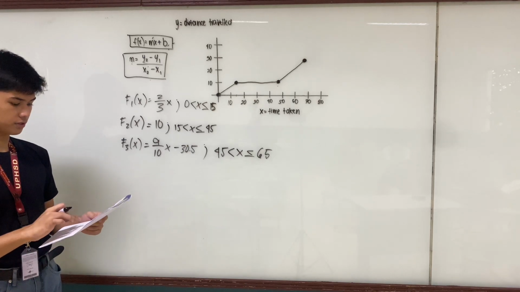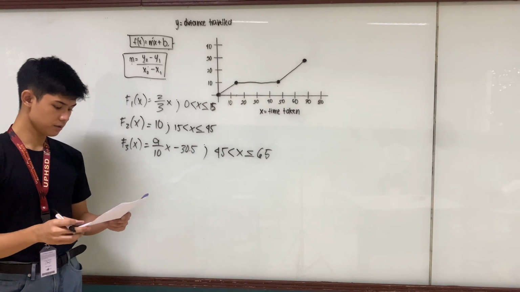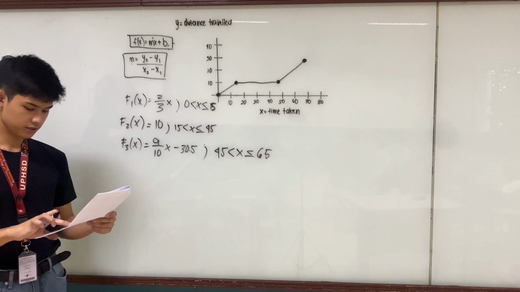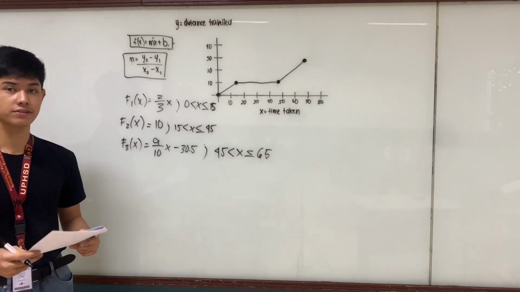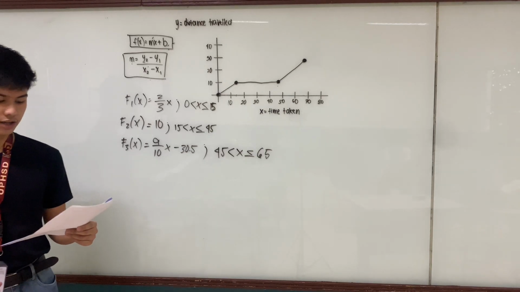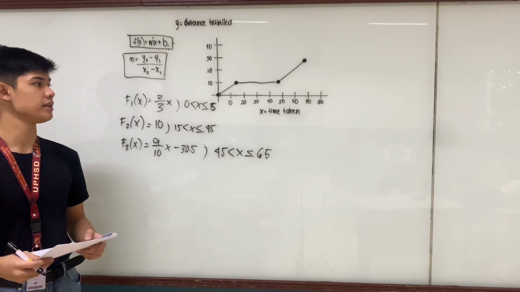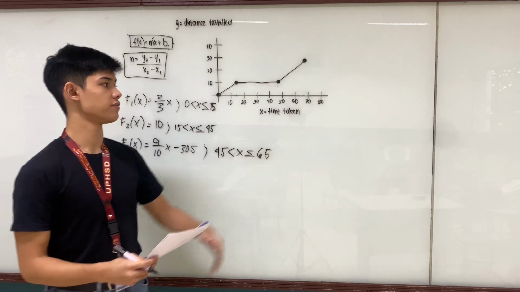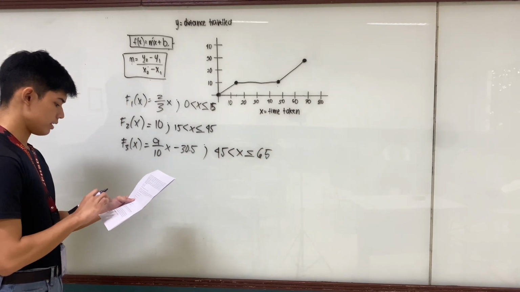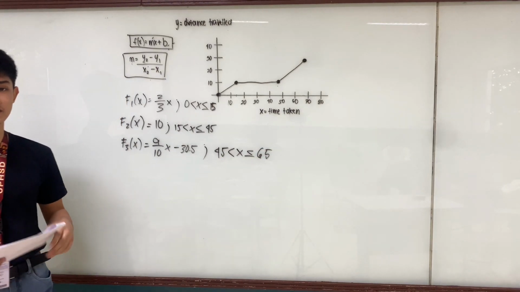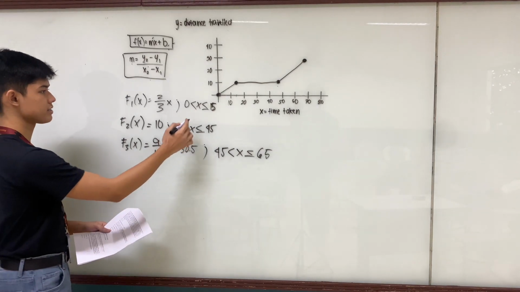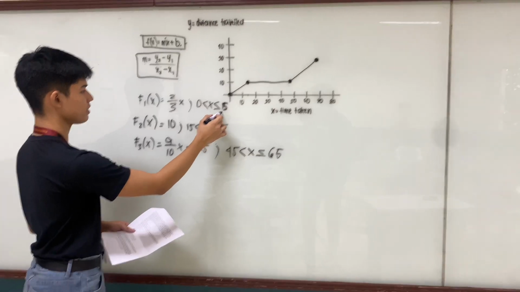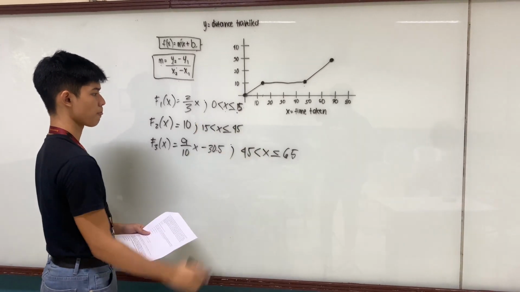Now let's solve for the problem itself. So the question is, how far have we already traveled in 55 minutes? So let us first determine which piecewise function we are using. Since 55 minutes is greater than 15, we're not going to use this.